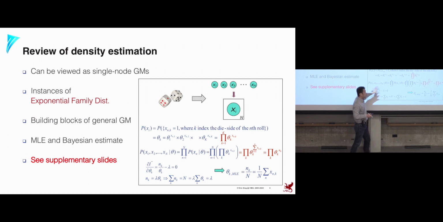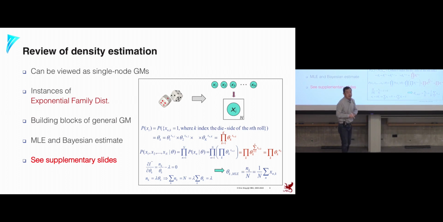And I'm not going to walk you through all this, but at the end of the day, you get something very familiar to you. The parameter of each probability is the frequency of the outcome.